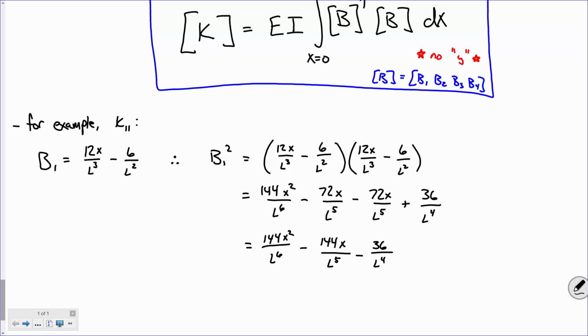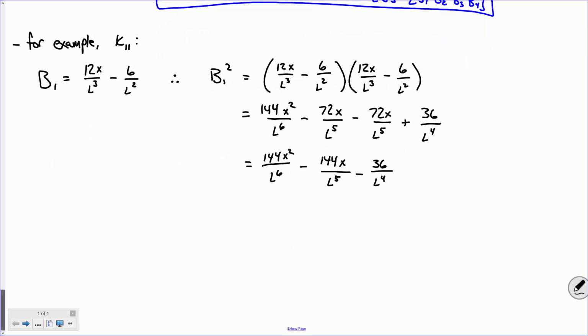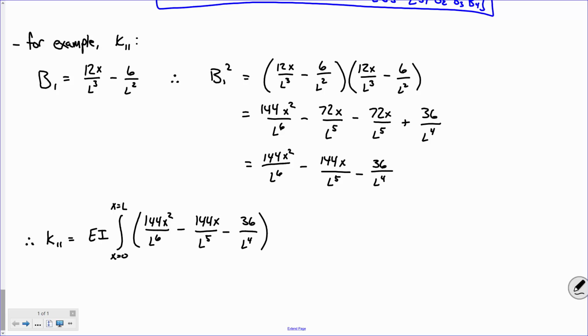Okay? So, therefore, if I want to get that first term in the stiffness matrix, I would do that, right? Everybody okay?